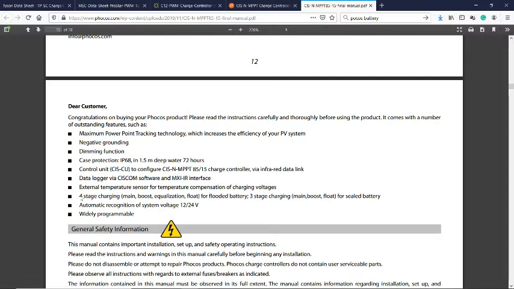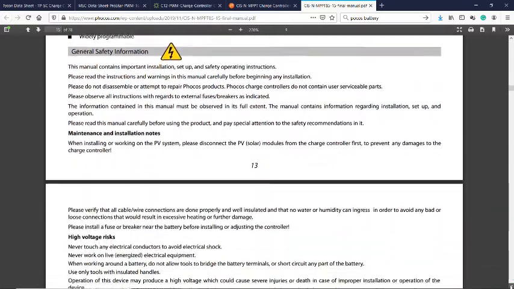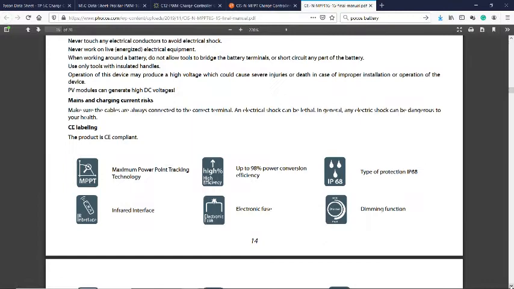So they have 4-stage charging if you use flooded acid battery, or 3-stage charging for the sealed lead acid battery, SLA. Also automatic recognition, which is 12 volt or 24 volt. This is a manual, use a manual for the MPPT type.